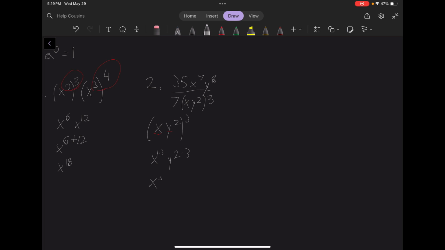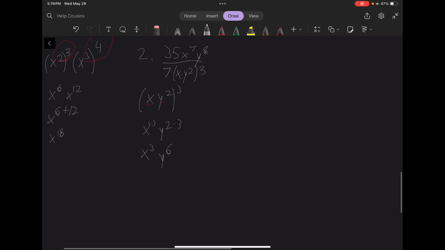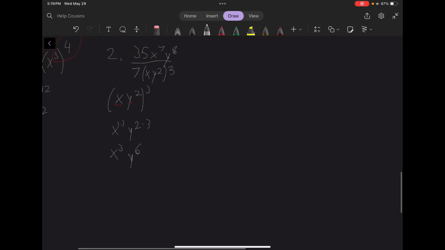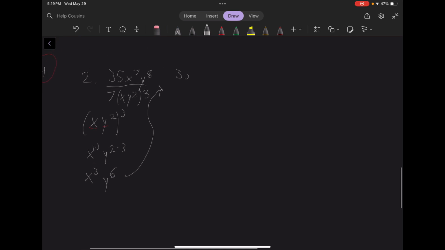So that's just going to be x to the power of 3, and then y to the power of 6. So let's rewrite the initial question with that new knowledge: 35 x to the 7 y to the 8 over 7 x cubed y to the 6.